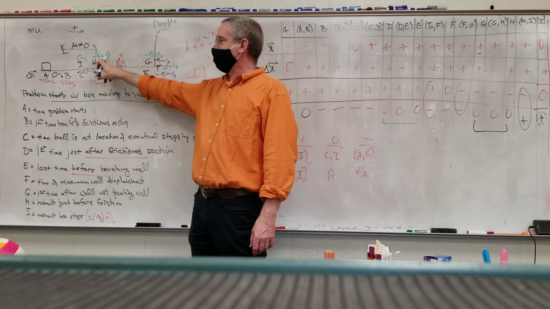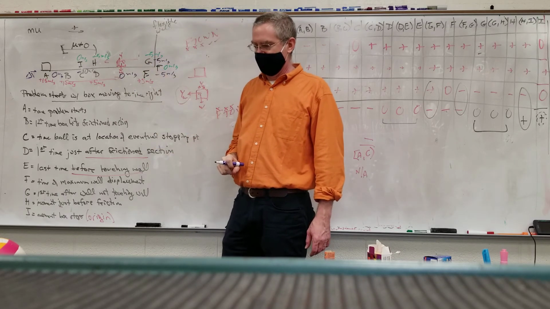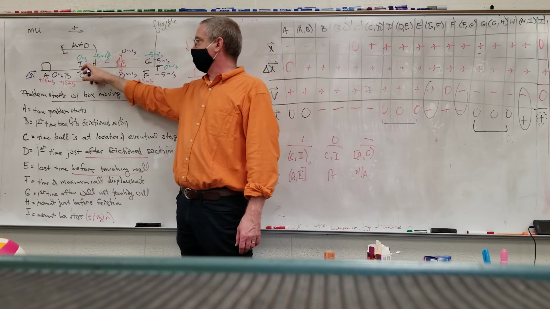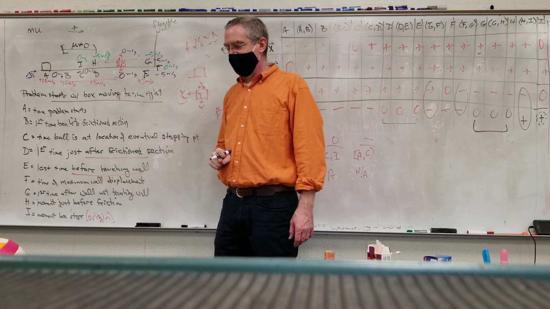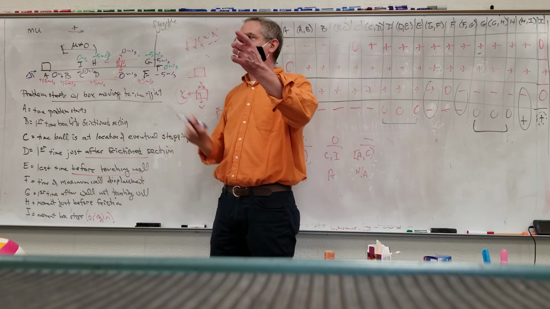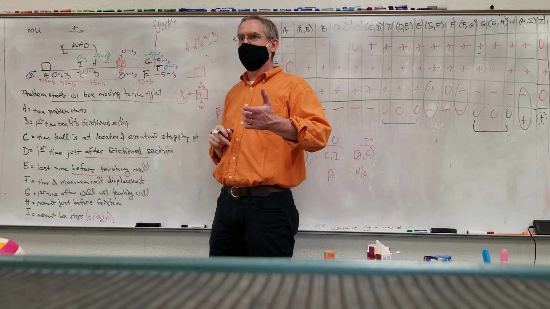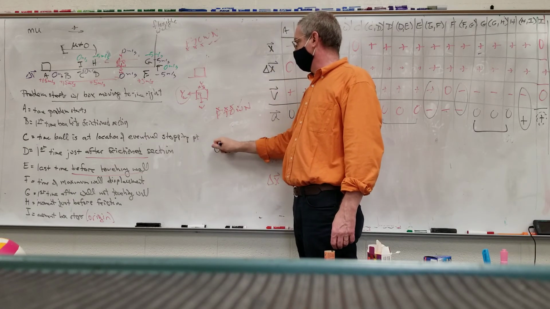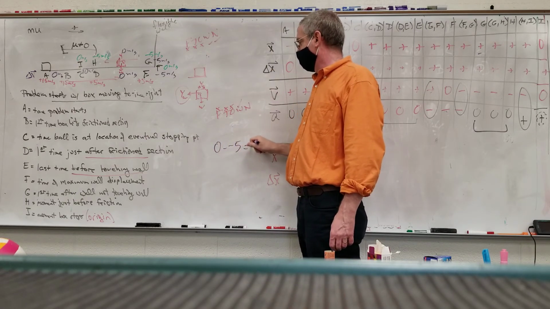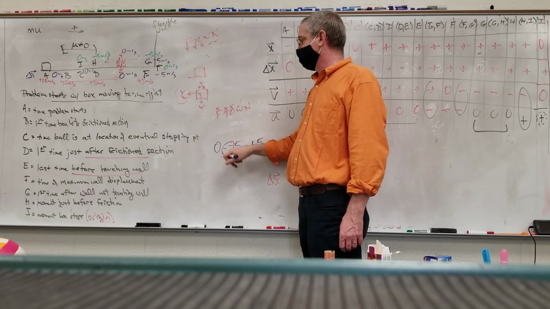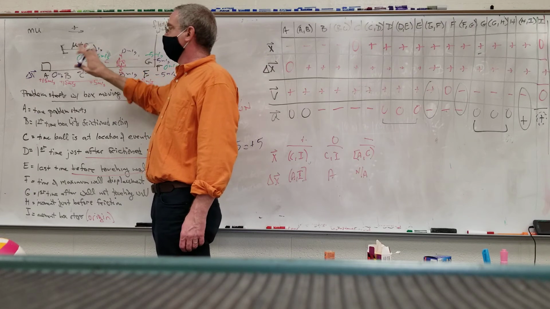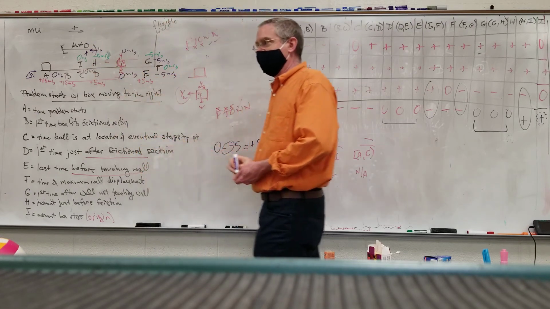And then from G to H, and then from H to I, I heard a negative and a positive. It's one of those. Well, let's do the math. Final minus initial, it's 0 minus negative 5. Adding, so it's positive 5. Those are in purple, I have my change in velocity.